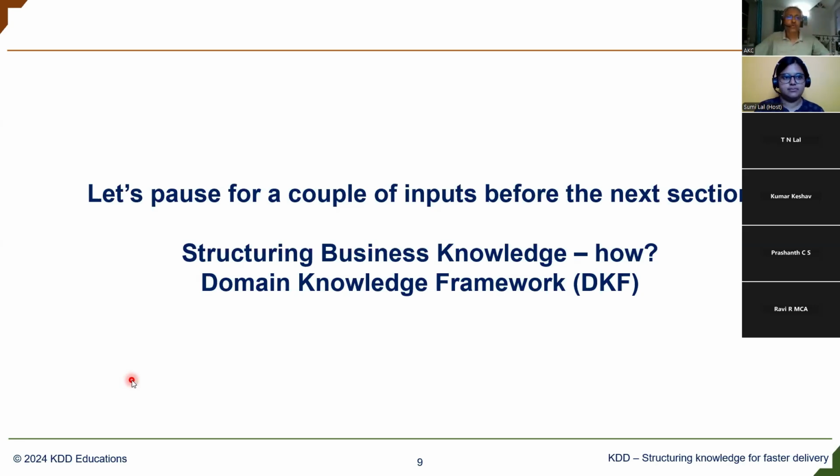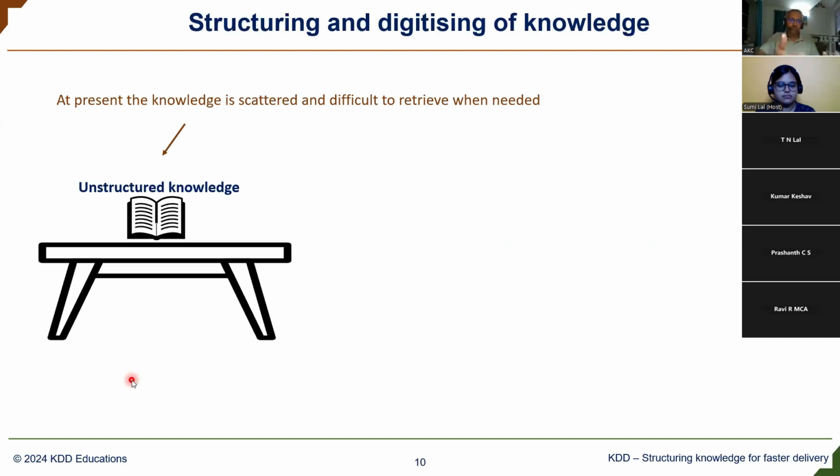So now we will cover DKF in a little more detail about how it addresses the structuring part. But before we do that, let's look at how we are focused on digitizing this knowledge. As I said, currently the knowledge is present in bookish form, could be in multiple different PPTs, as Ashish you mentioned.